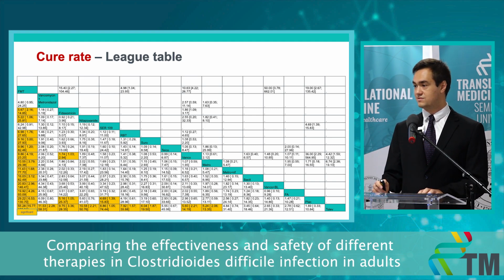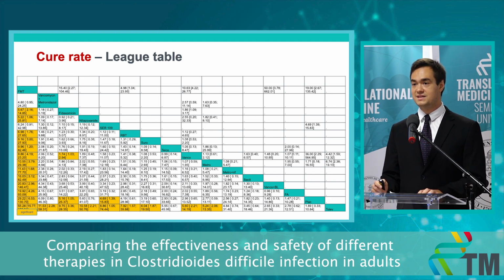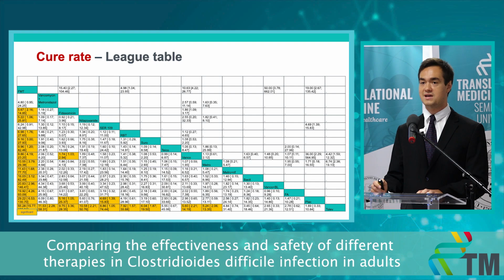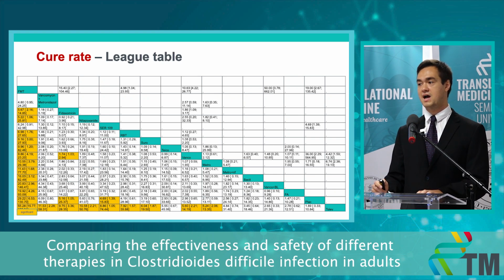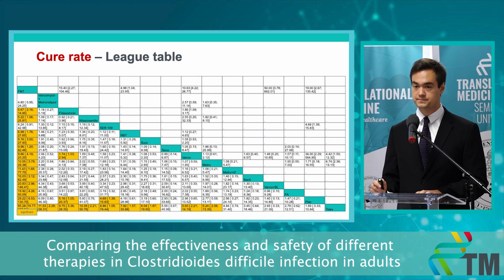We compared one treatment from the left with one treatment from the right, and it indicates how much greater the chance of recovery is. So for example, if we compare here the FMT arm with the fidaxomicin arm, we can say that in the FMT arm there is almost 6 times higher chance of recovery than in the fidaxomicin arm.